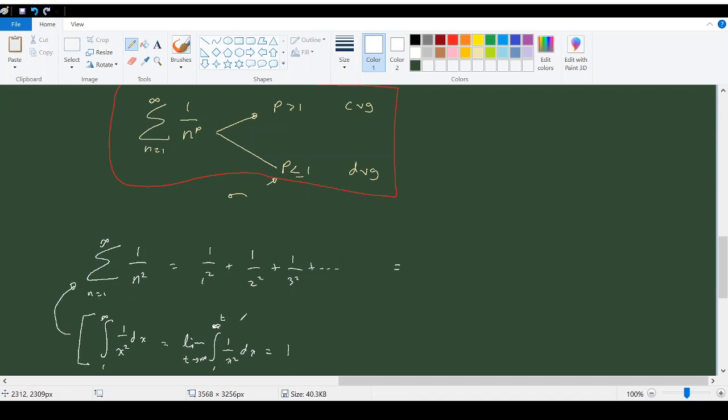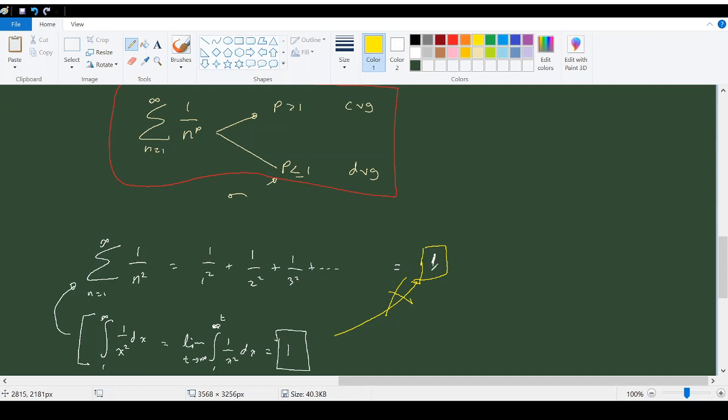But the thing is, these two answers need not be the same, right? Just because this integral is equal to 1, that does not say that the answer for the series should also be equal to 1. There's no such relationship. The only thing this says is, if this has a finite value, then this will also have a finite value, but it does not say that these finite values should be equal.